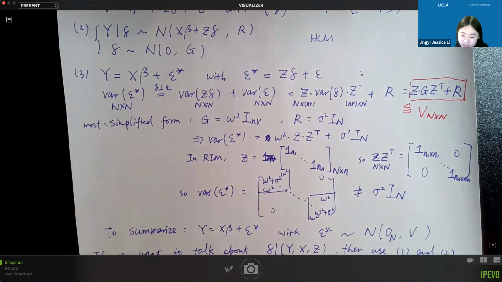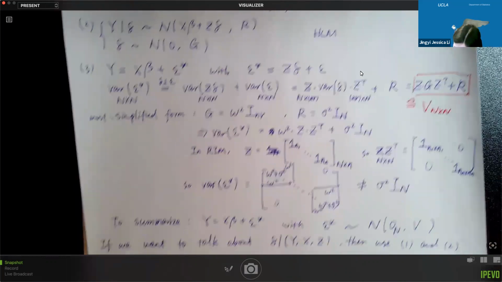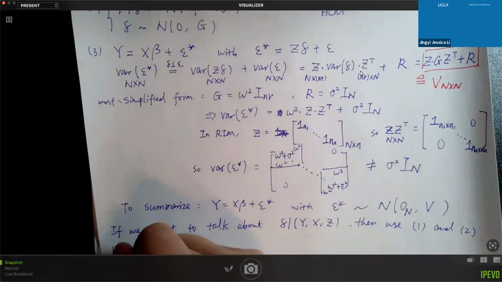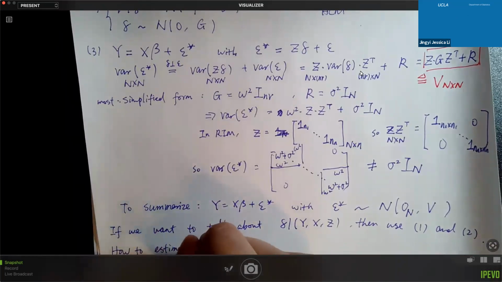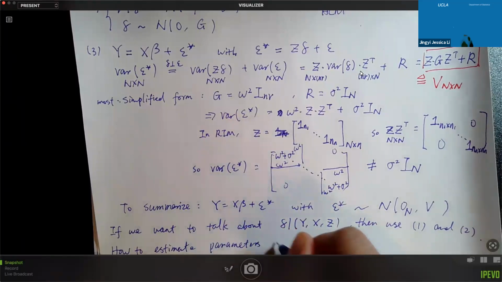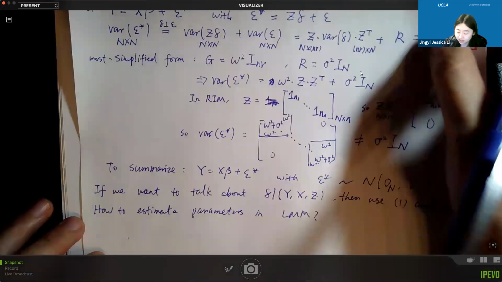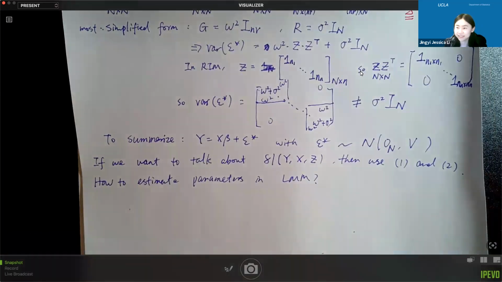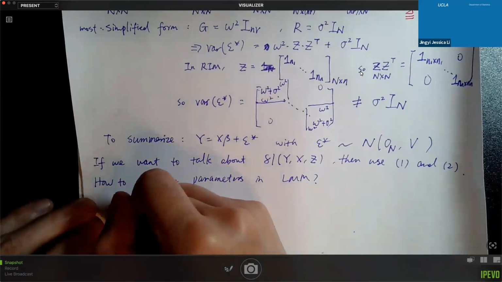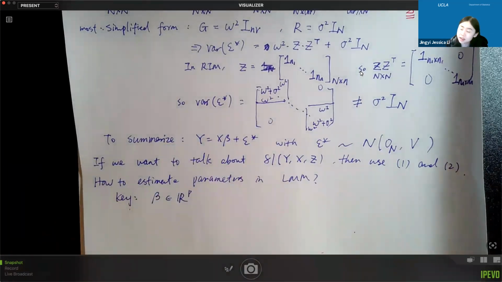So now we're going to talk about the most difficult part for LMM. How do we estimate parameters in LMM? Of course, the most interesting parameter is beta, right? The key parameter is beta, which is p-dimensional, as always. But there are also some parameters we must consider.